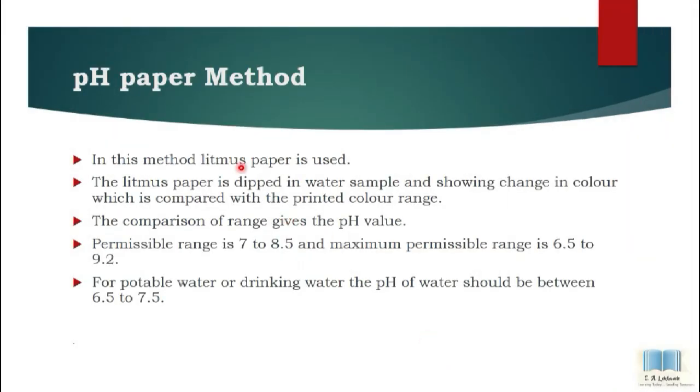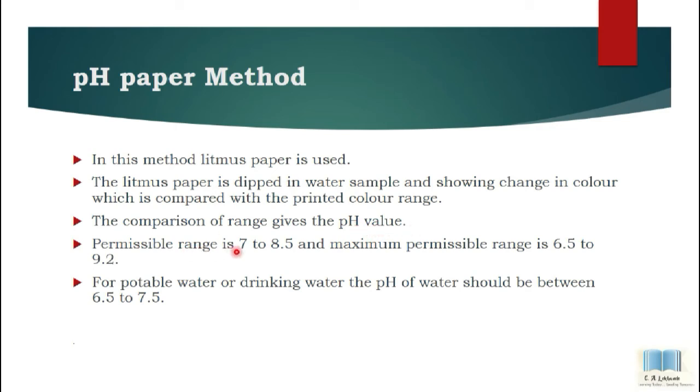Then the third method is the pH paper method. In this method, litmus paper is used. The litmus paper is dipped in the water sample and shows a change in color, which is compared with the printed color range. The comparison of the range gives the pH value.